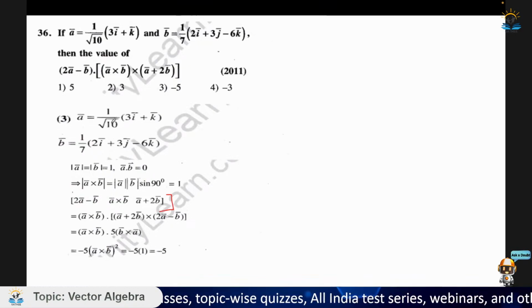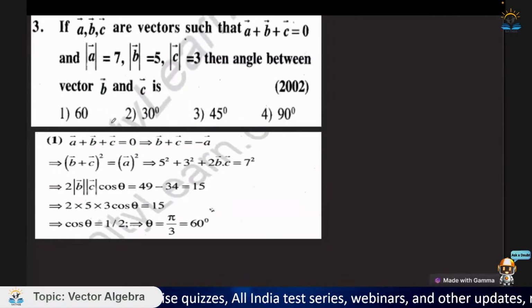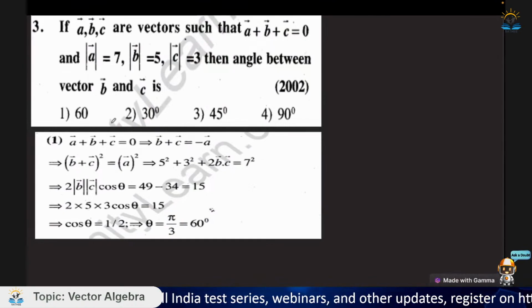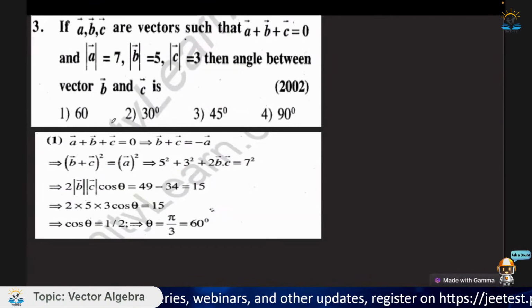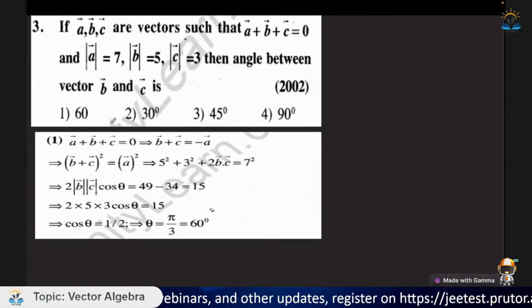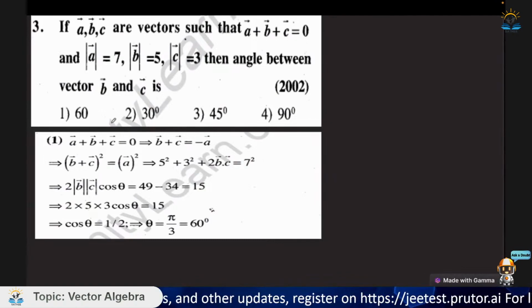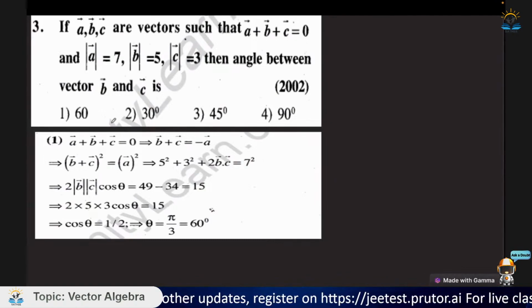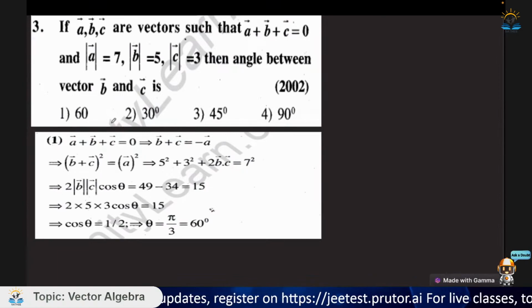So we will move to the questions after completing the vector triple product, what linearly independent and linearly dependent equations are, and what coplanar means.